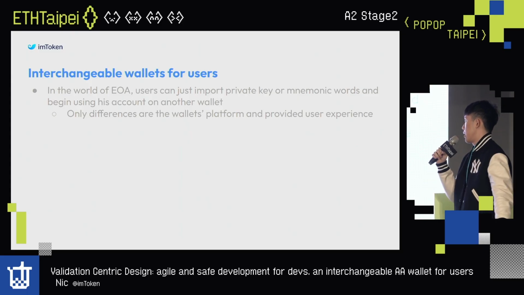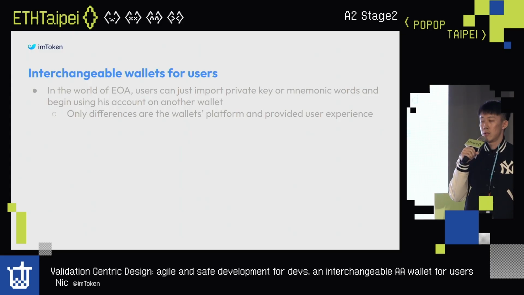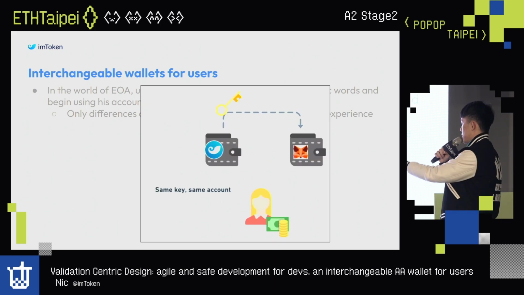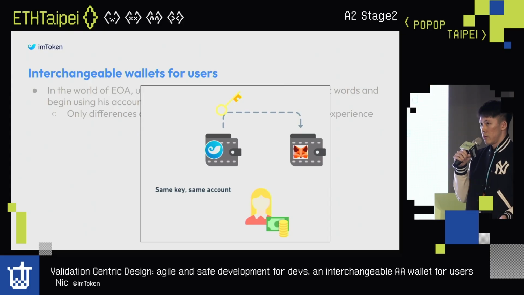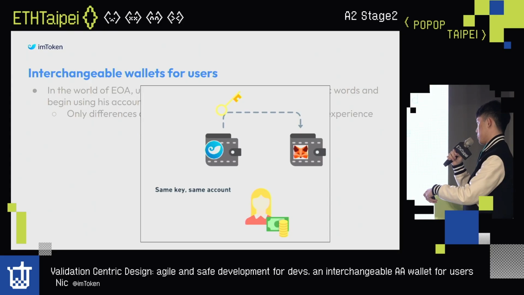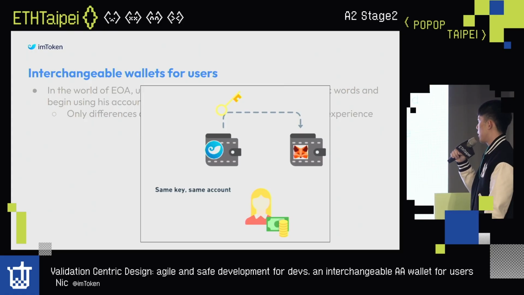The only differences are the wallet platforms, be it a Chrome extension wallet or wallet apps, with different user experiences provided by the wallets. So yes, same key, same account, different wallets. User Alice can just import and export the key, very smooth. That's the advantage of the EOA.